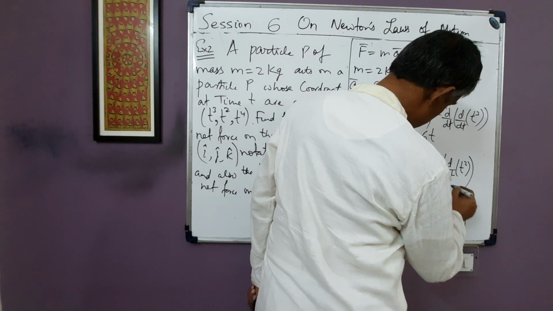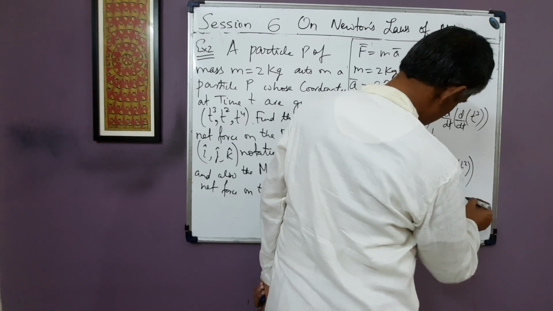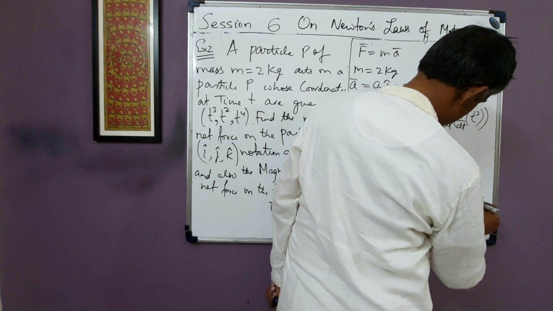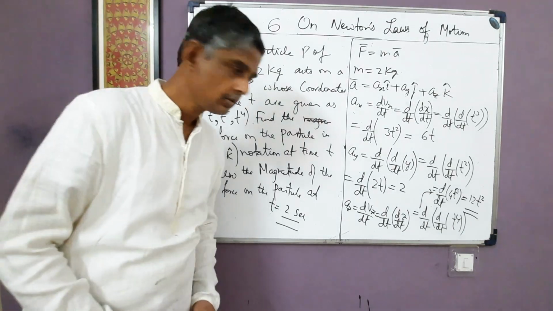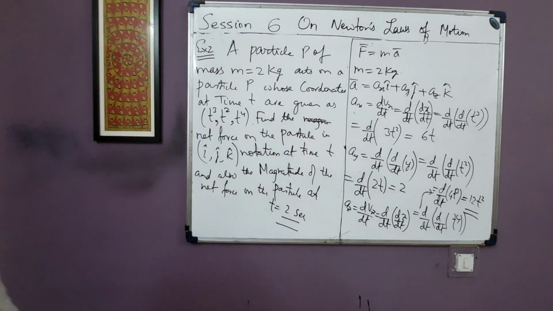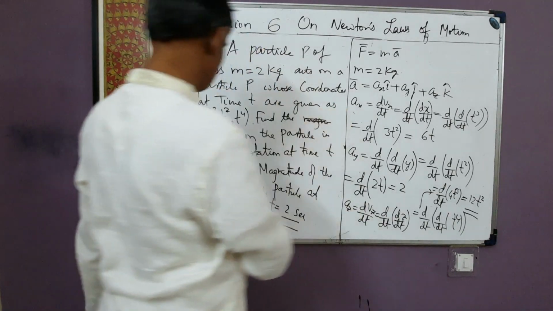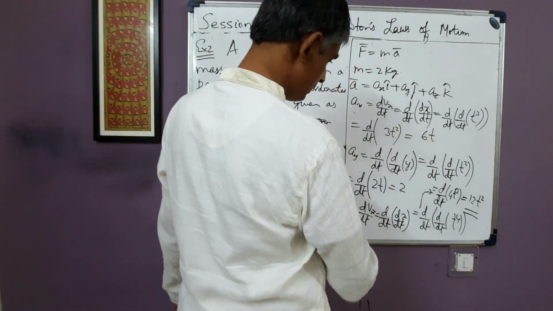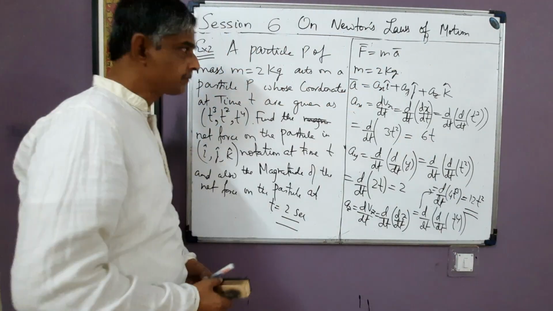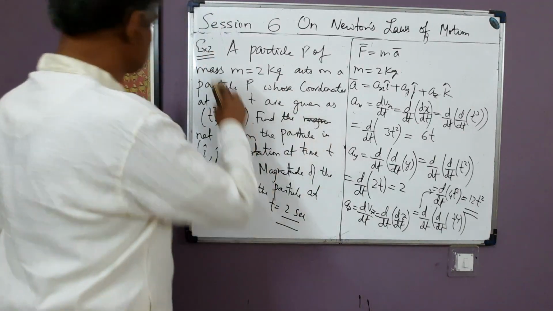So d by dt of 4t cube becomes 12t square. All the three components have been fully determined. So mass is 2 kg. Ax is this much, Ay is this much, Az is this much.